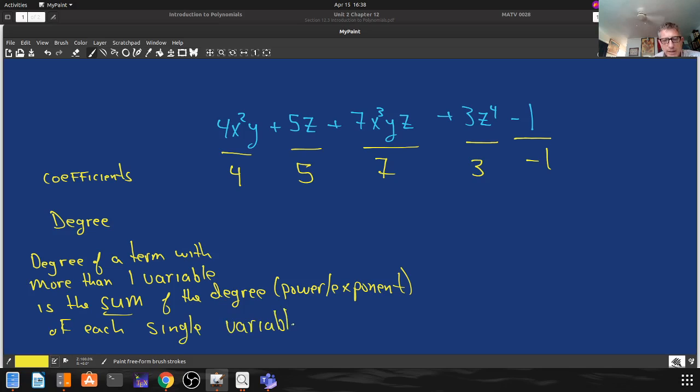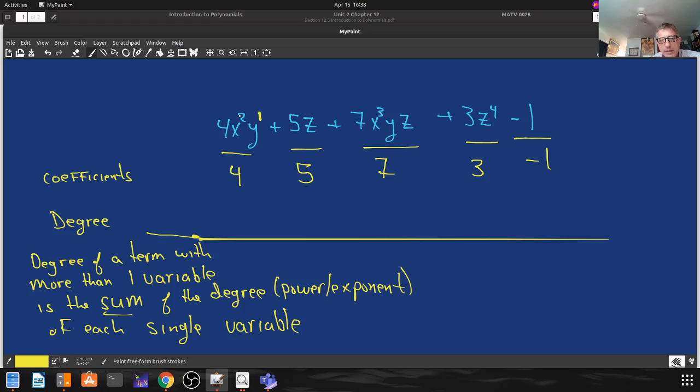Probably could have said that a little bit better, but you'll see you don't have to, number one, worry too much about this. So let's go up here and let's find the degree. By what I said, the degree of this term is, well, it's a multivariable term, right?